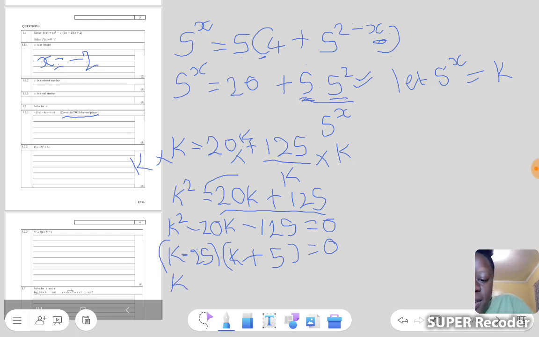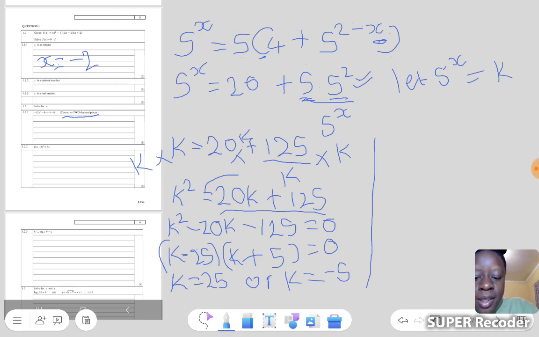So our k here would be equals to 25, or k would be equals to negative 5.